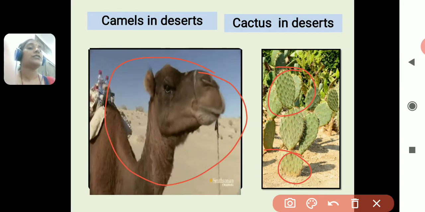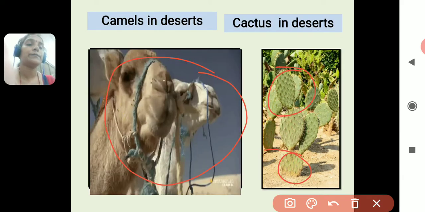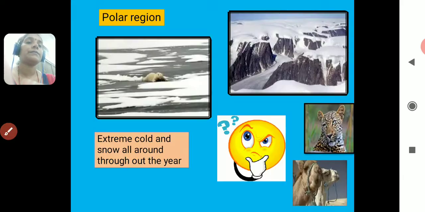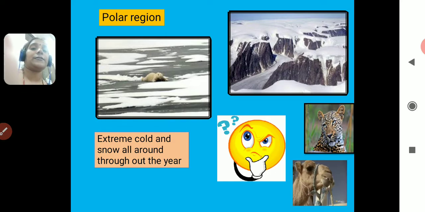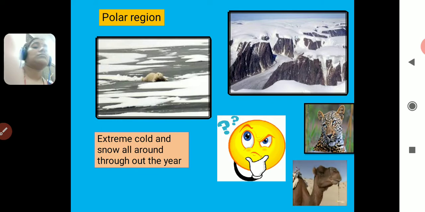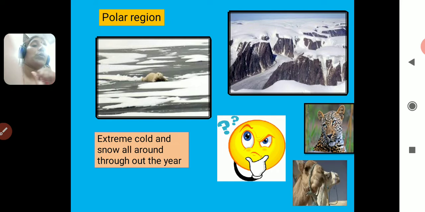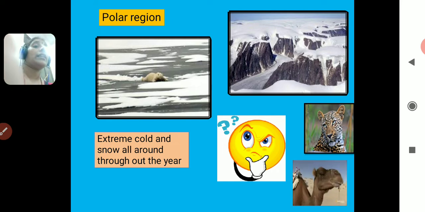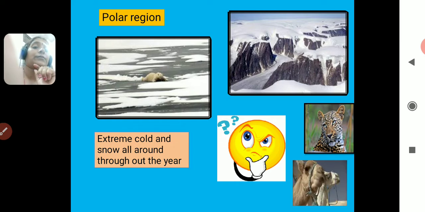Now let's move forward and observe the next surrounding. Okay, let's move to the polar region. Students, can you imagine, can the camel survive in the polar region? Can leopards survive in the polar region?